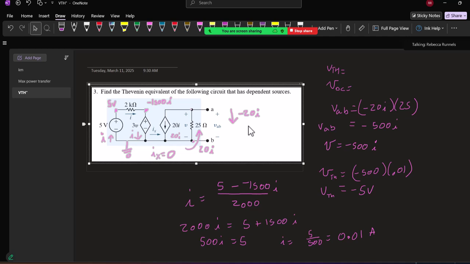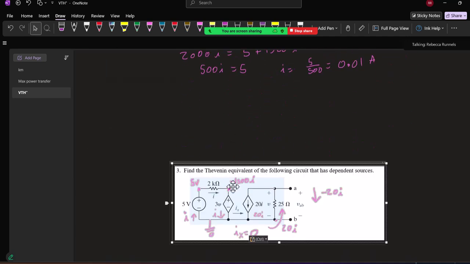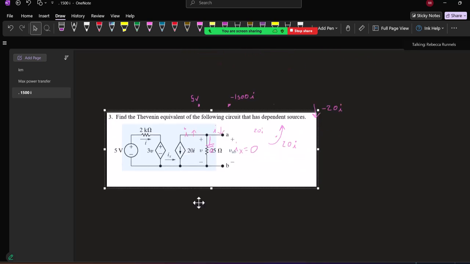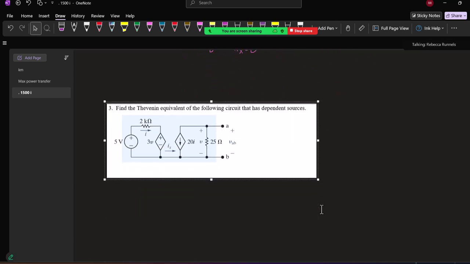So instead, we're going to use the short circuit, open circuit method. And we want to find the current through the short circuit. And then we can say that R Thevenin equals V open circuit over I short circuit.